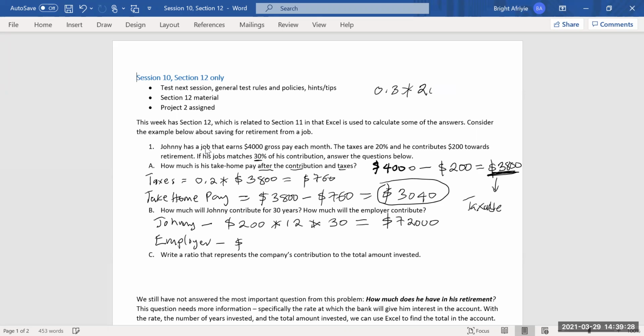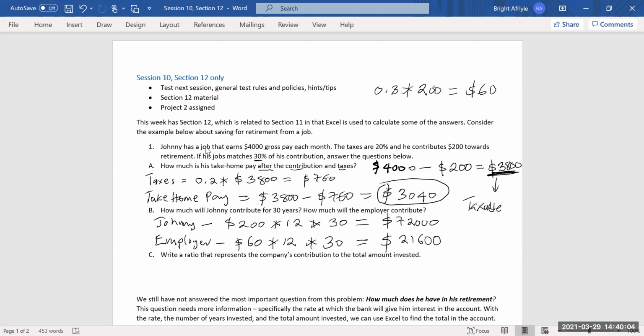So I'm going to do 30% of 200. And what is that? That is $60. So Johnny's employer contributes $60 for him every month. So we do 60 times 12 and then times 30. And that is how much Johnny's employer will contribute for that 30-year period. Is that okay?